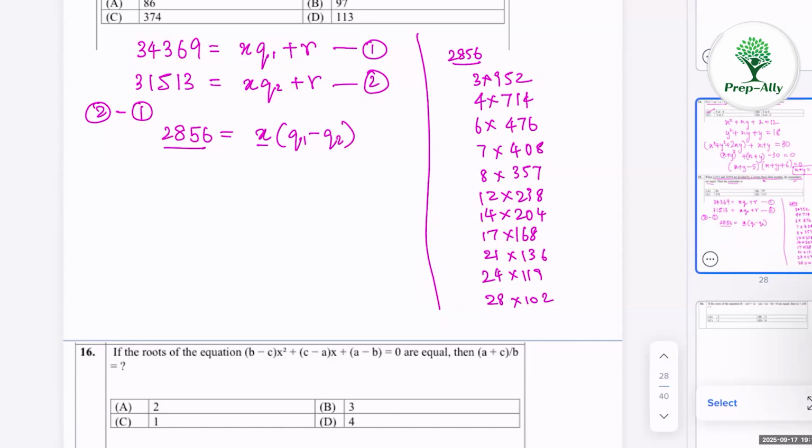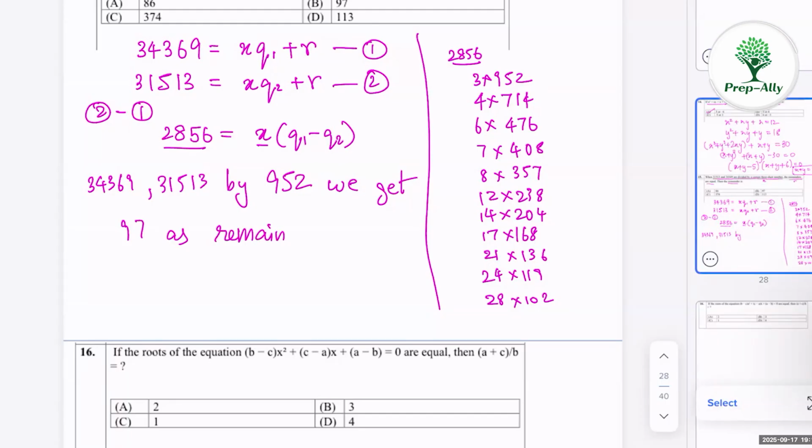Now, if we divide these two numbers by 952, we get 97 as the remainder.